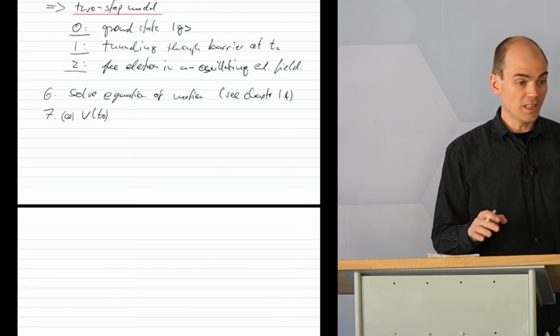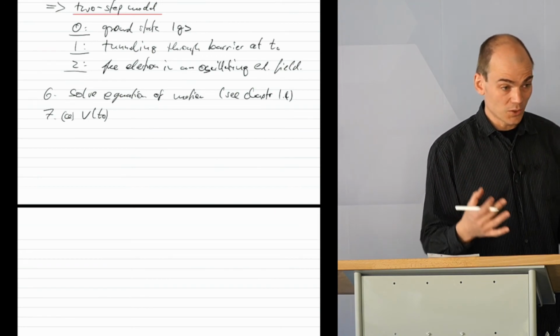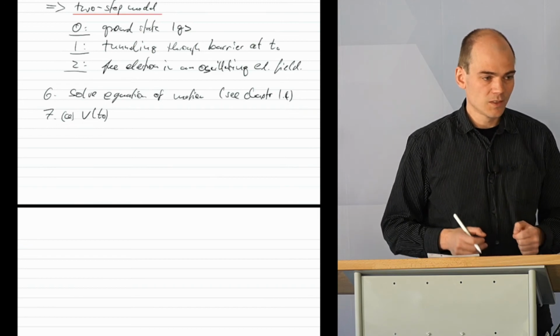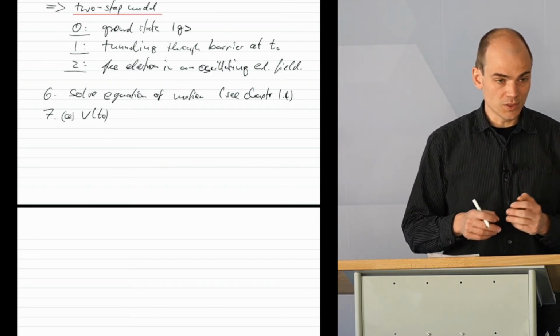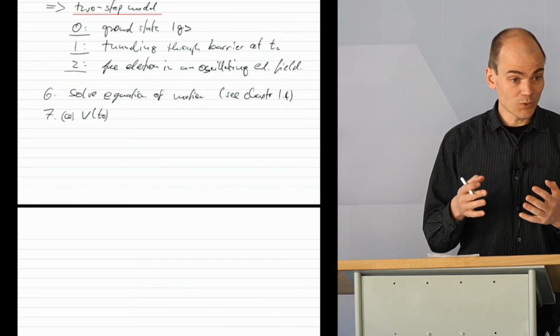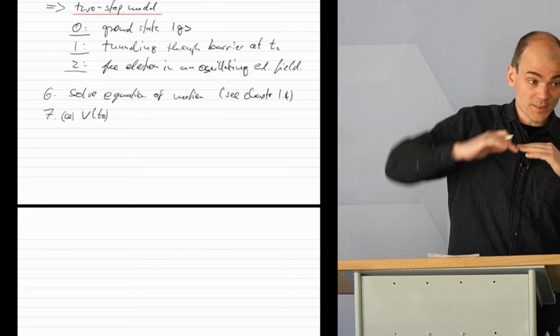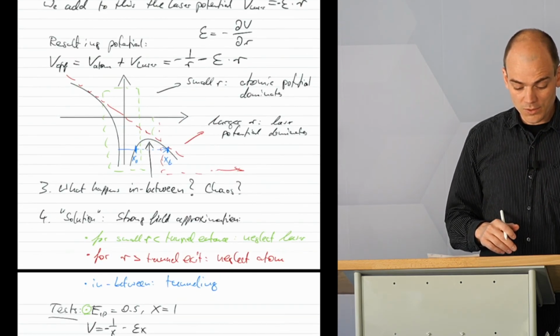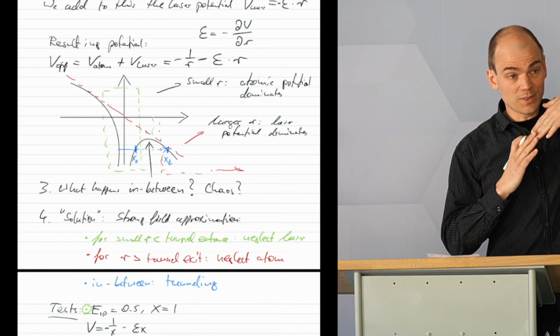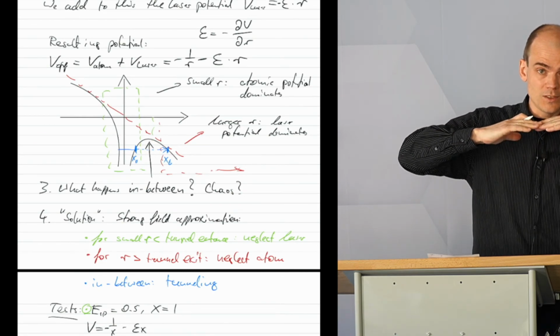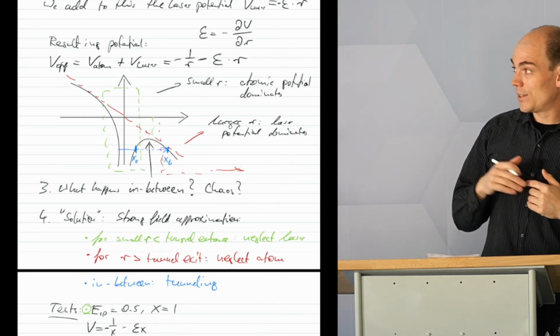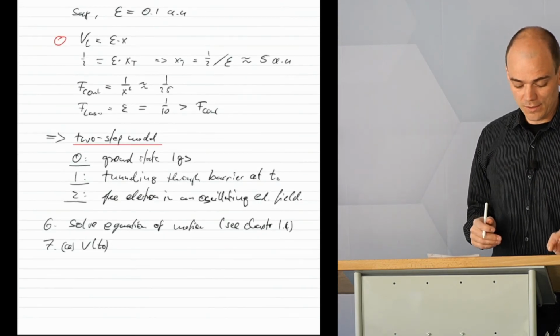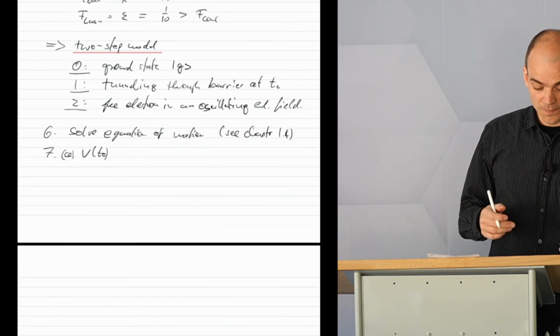This can occur at any point in time, but of course there's a certain probability, and the probability depends on the shape of the potential. Because the electric field is oscillating, it is not always like this. When the field strength is reduced, the barrier becomes shallower, and we return to the standard atom. So this depends on time.